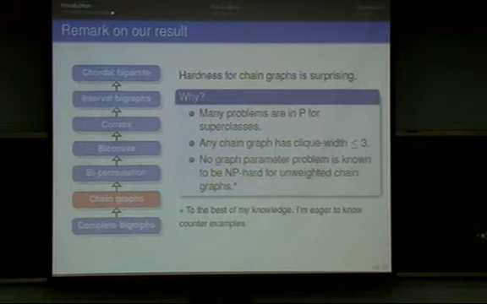And also, to the best of my knowledge, no graph parameter problem is known to be NP-hard for unweighted chain graphs. I'm not sure, this is only to the best of my knowledge, so I'm eager to know concrete examples. If you know some problem is NP-hard for chain graphs, please let me know. Okay.